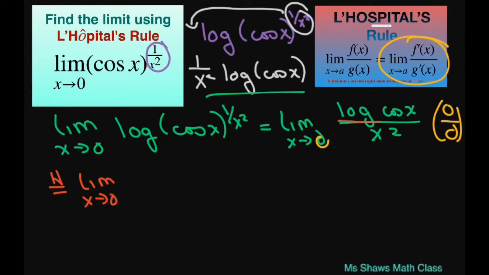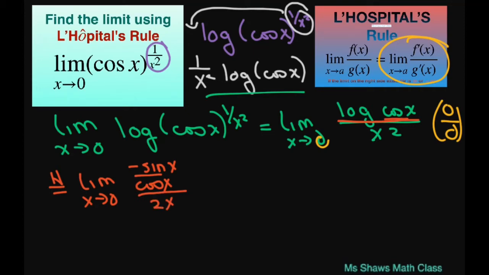So when you take the derivative of the numerator, that's going to be 1 divided by cosine of x times the derivative of cosine of x, which is negative sine of x. So I'm going to put that right here, negative sine of x. And this is all divided by 2x.